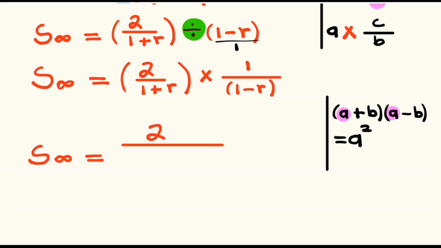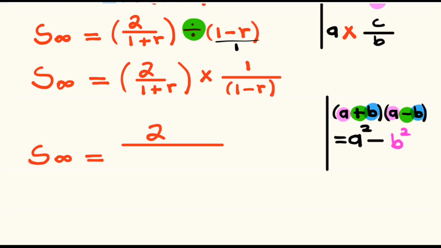and the positive multiplied by that negative will be equal to a negative, and we also multiply the b with that b, and it will become b squared.